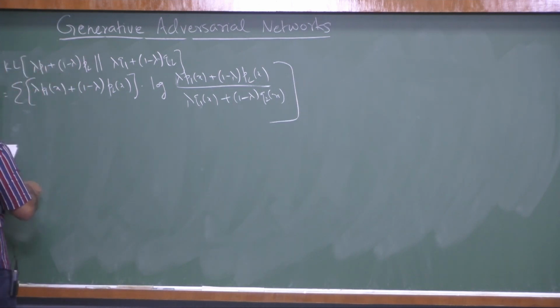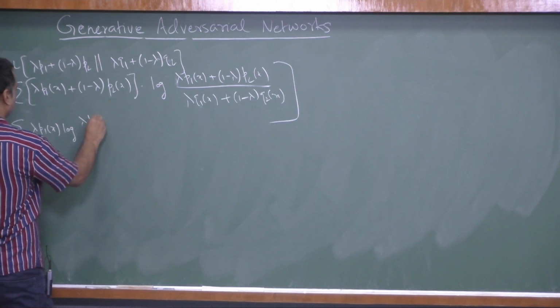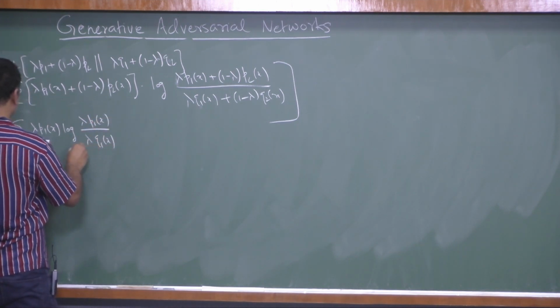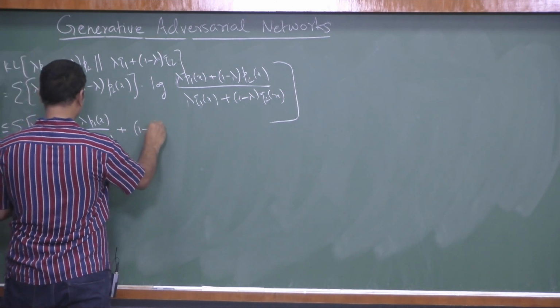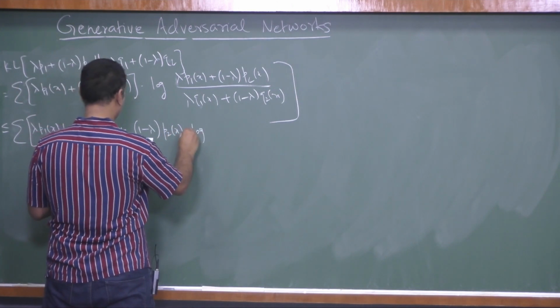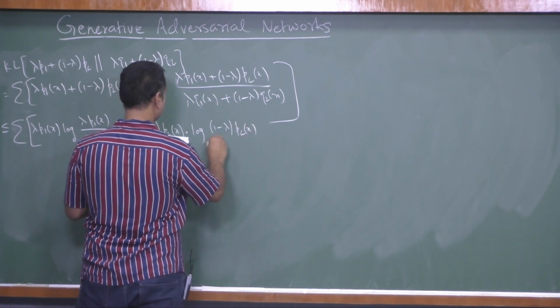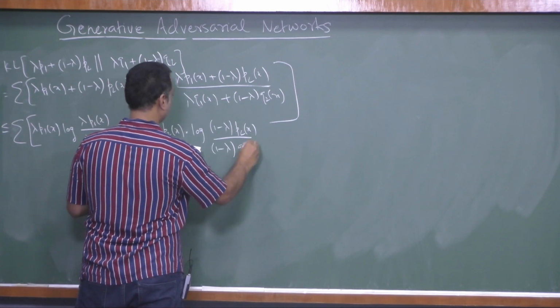So if we do that, then we have lambda P1x log of lambda P1x by lambda Q1x plus 1 minus lambda P2x log of 1 minus lambda P2x divided by 1 minus lambda Q2x.